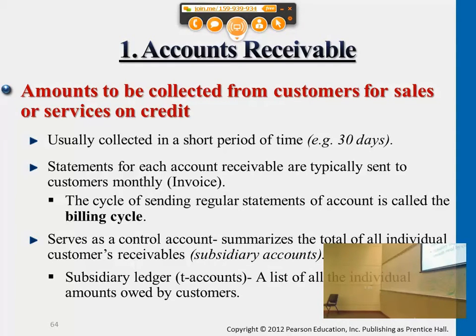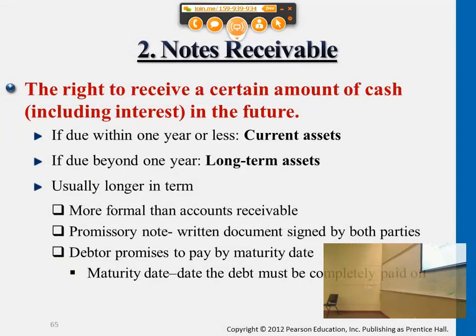Other than accounts receivables, there are also notes receivables. The only difference between this and accounts receivables really is the time frame and also the interest that's involved. So notes receivable in a sense is more formal than accounts receivable because usually both parties would sign a promissory note stating the date of this transaction, the dollar amount, and the specific interest rate that comes with this transaction.